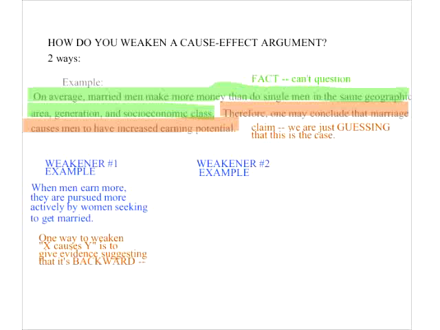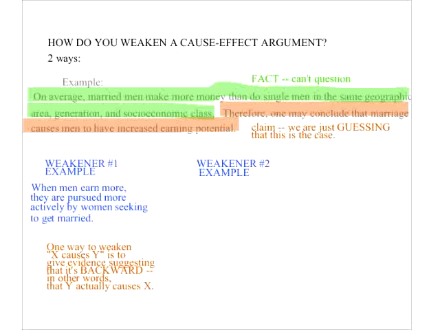In other words, that Y actually causes X. So in this case, instead of saying that marriage makes men earn more, we're saying that earning more makes men more likely to get married. So that's one kind of weakener. Here's another kind of weakener.